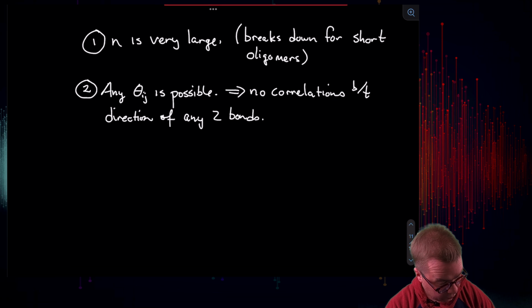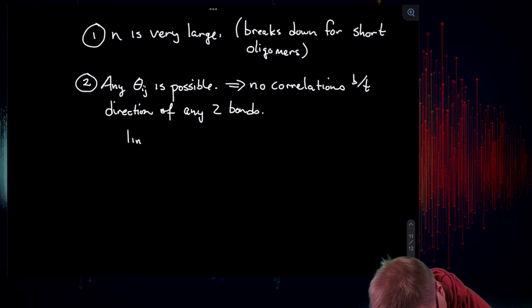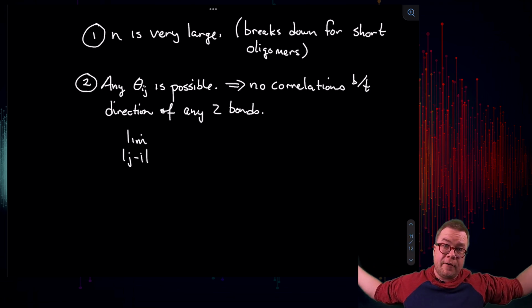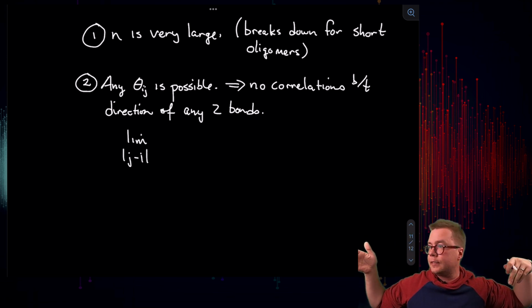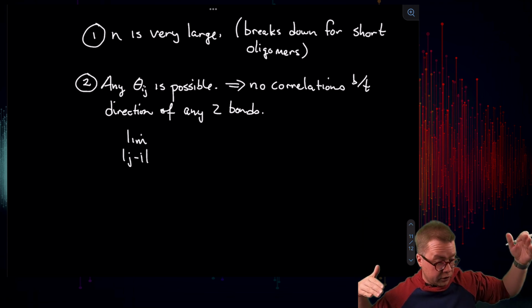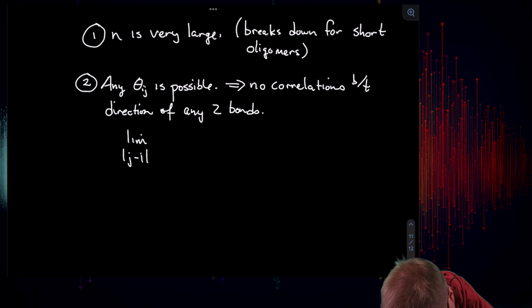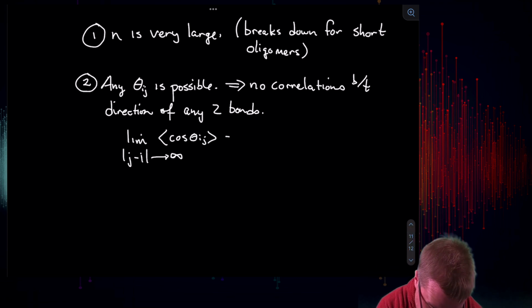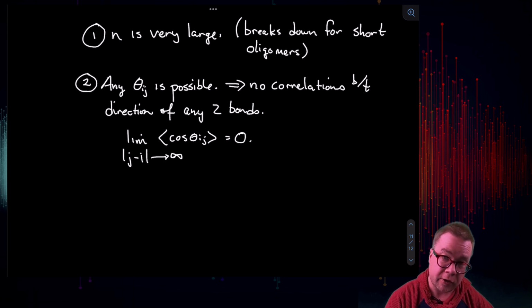So if we want to say that another way, if we're looking at two monomers, i and j, that are really far away from each other, so their monomer index is really different, the 500th monomer way over here versus the first monomer in the chain, as that distance goes to infinity, what we're figuring is that the average value of the angle between those bond vectors is equal to 0.